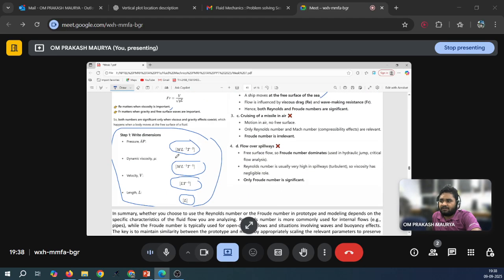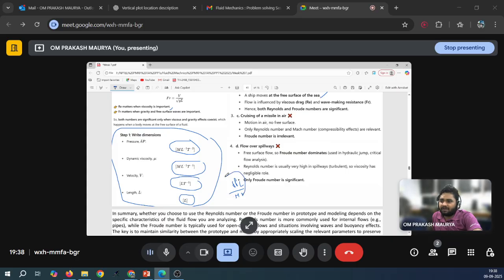If you arrange these things like delta P divided by mu, velocity, L, this L and this L will be cancelled out automatically, and the minus 2 combination will be cancelled out.